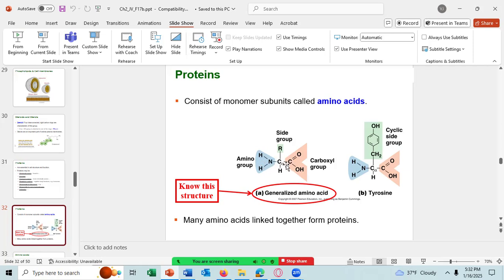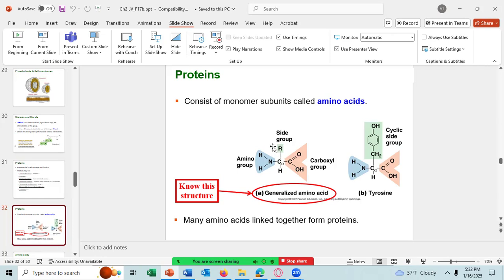And so all amino acids have polar groups to it, meaning all amino acids can dissolve in water. Any question about that?